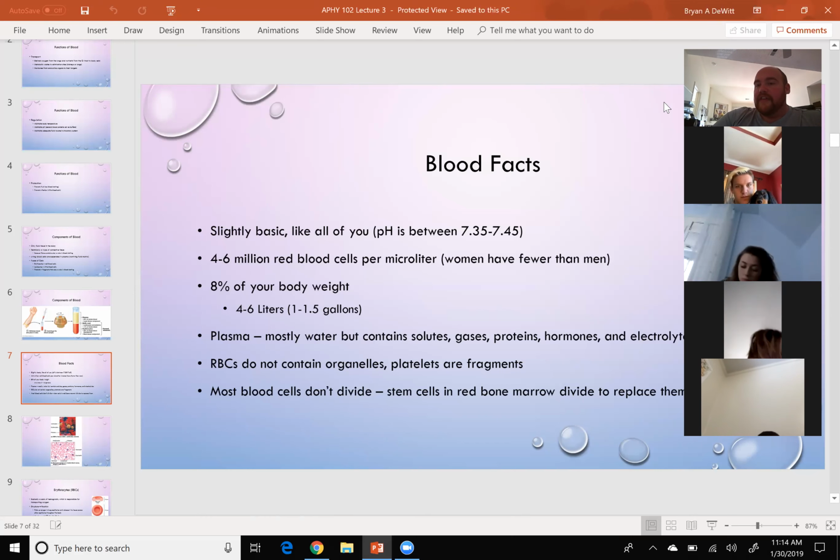Now, here's an interesting thought question for you. Do you all agree that a forensic scientist could go out into the field and test blood at a crime scene and use that blood to determine who committed that crime? Do you all agree with that?